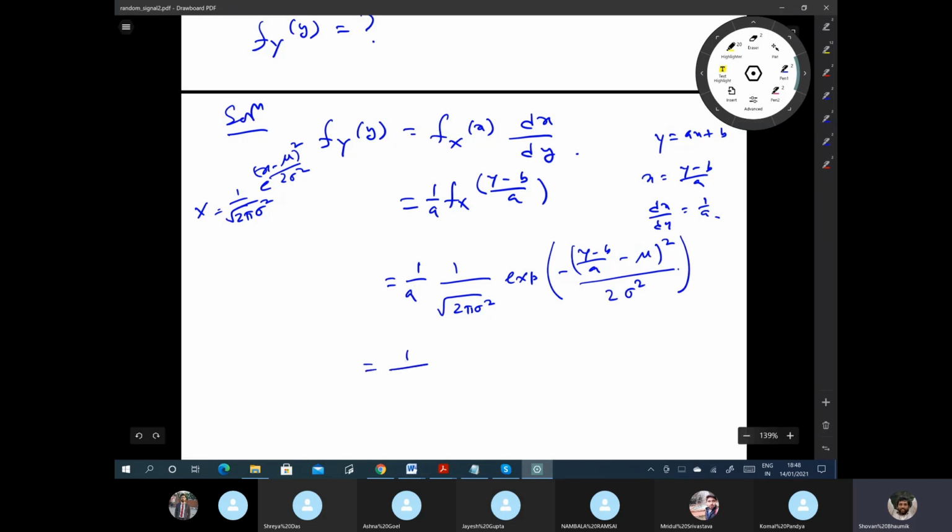So we could write 1 by a, a will come below, so a into 2 pi sigma square.